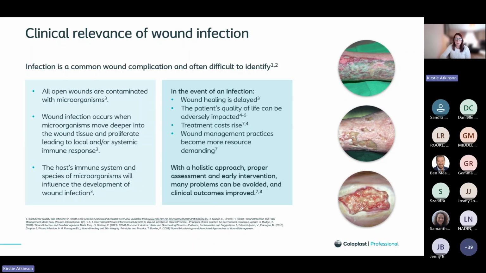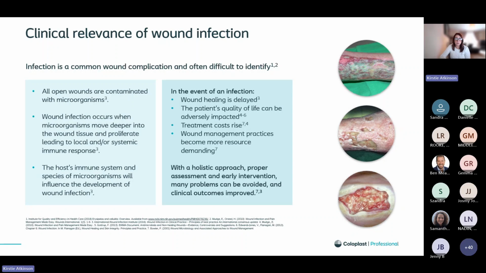If a wound does become infected, we know that wound healing is delayed. A patient's quality of life can be adversely impacted, resulting from what they're experiencing from the wound in regards to pain, exudate levels, malodor, but also the need for more appointments, more dressing changes, and obviously they're living longer with a wound.